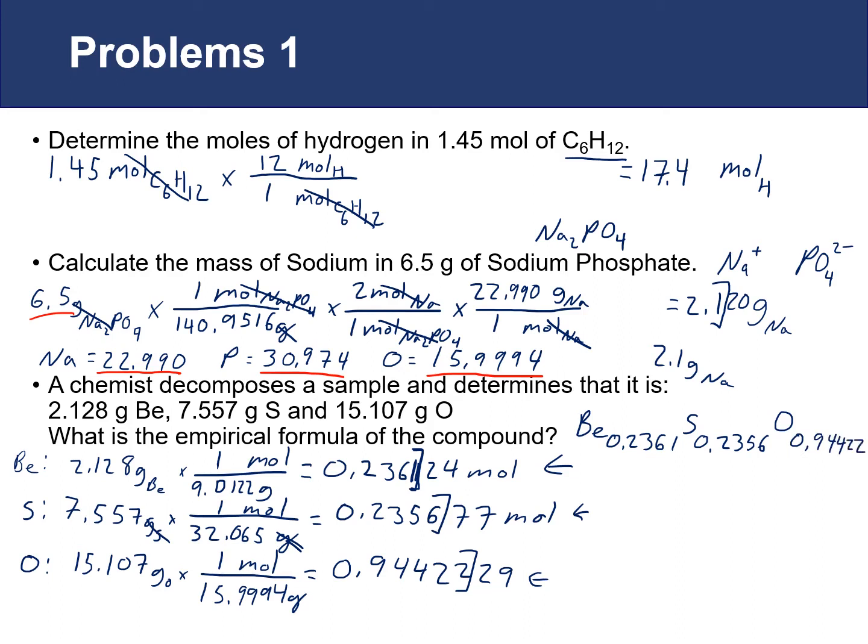0.94422. Okay, so what we can do is divide these by the lowest of our subscripts, which will convert that one into a 1.